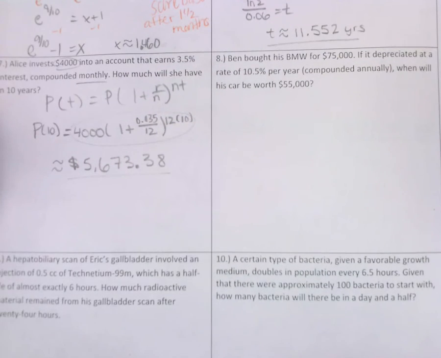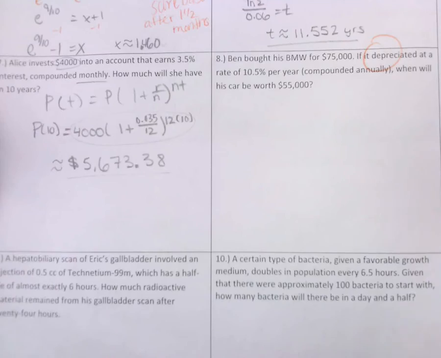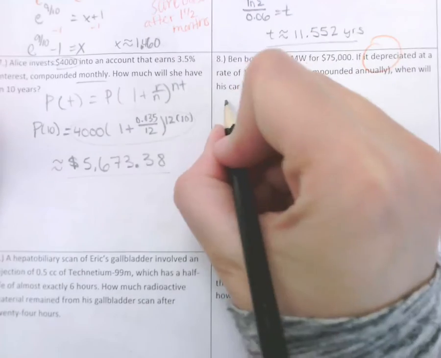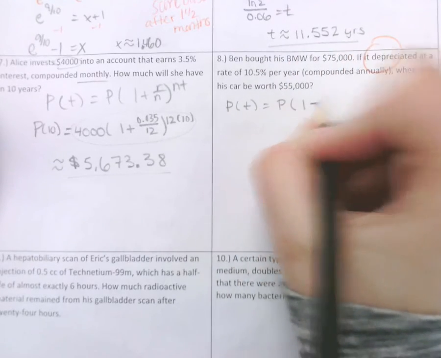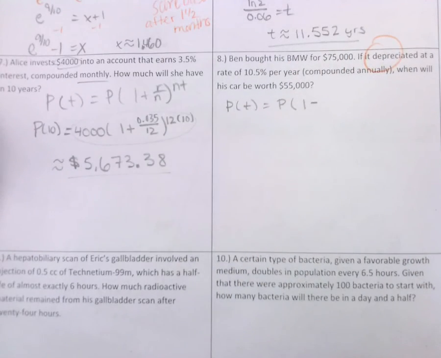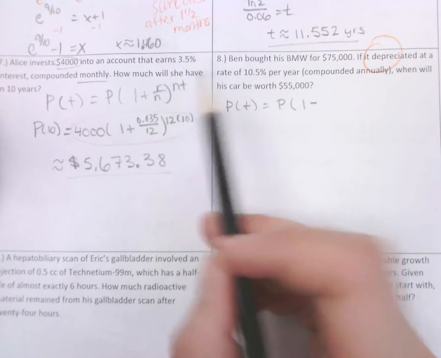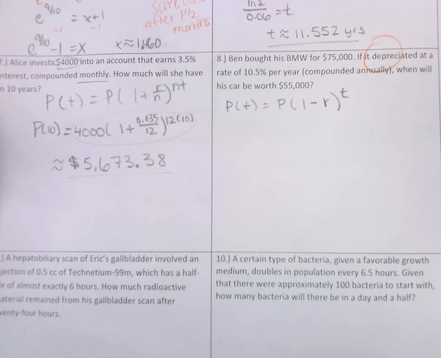So Ben bought a BMW for $75,000. It's depreciating at a rate of 10.5%, compounded annually. We're using that same formula, but we're going to modify it for depreciation. Because it's happening annually, n is 1, and that basically means we don't need n at all.